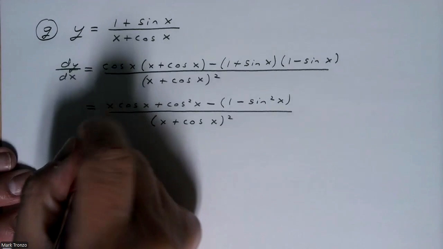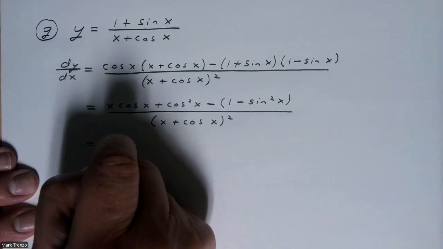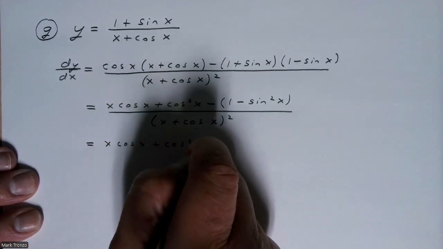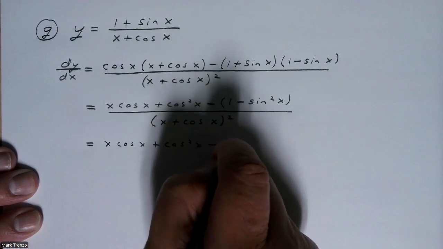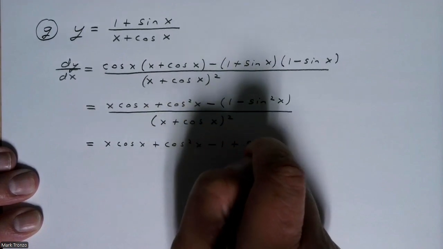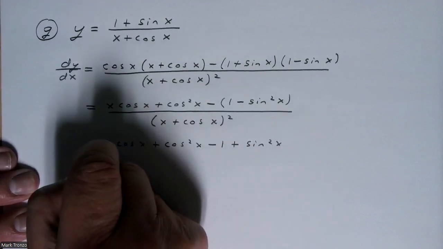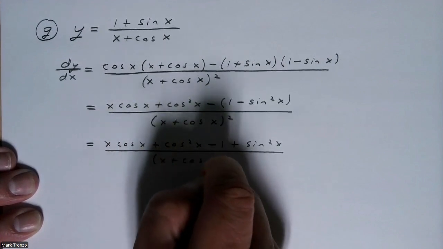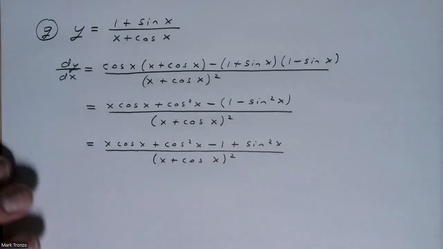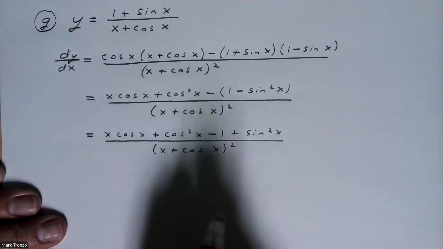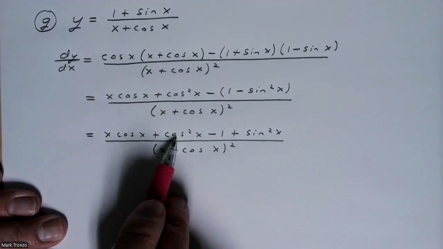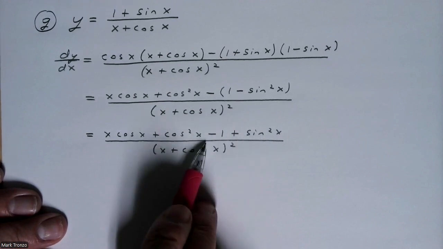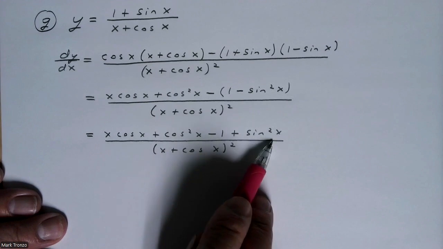And let's distribute this minus. This will end up being minus 1 plus sine squared x. And notice right here, we're going to have a cosine squared plus a sine squared. I won't take the time to rearrange it to show that, but cosine squared plus sine squared is 1.